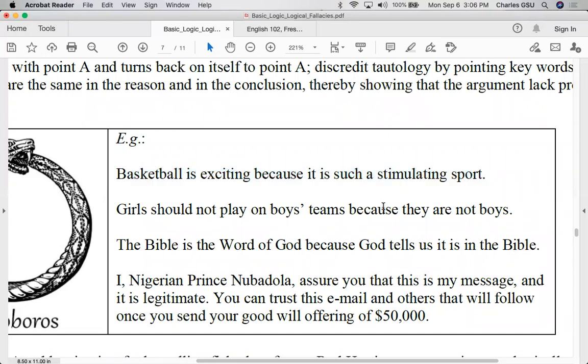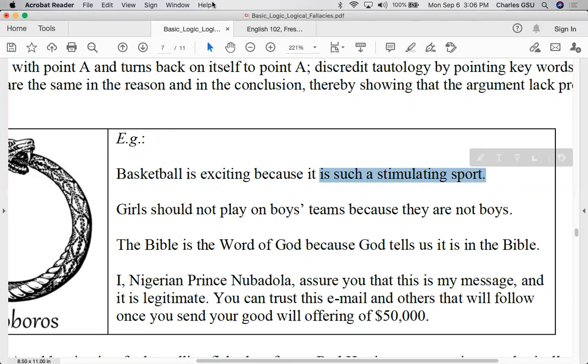So what you need to do to get out of this argument is look right after "because," which kind of separates over here a claim, it is exciting, and over here the result. Everything after "because" needs to be very specific.